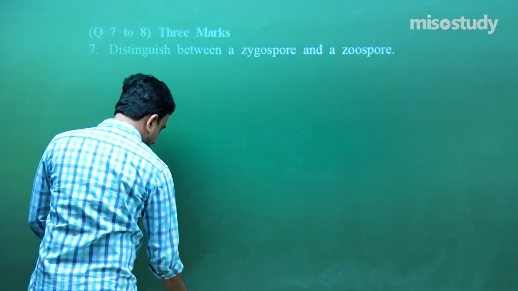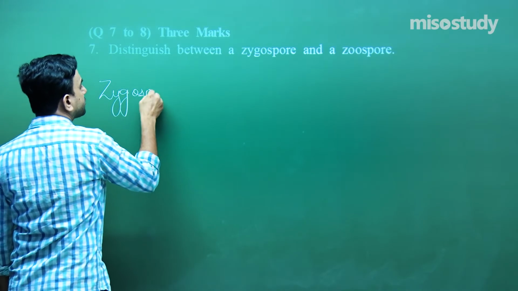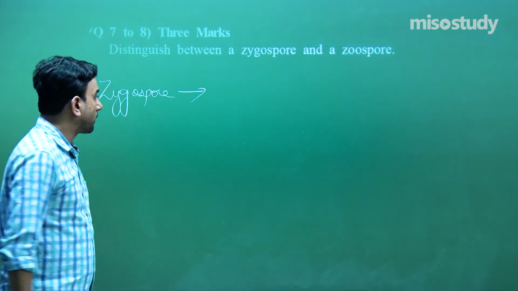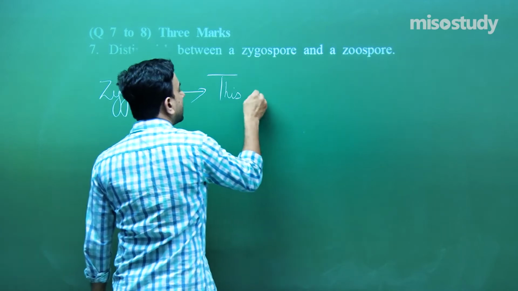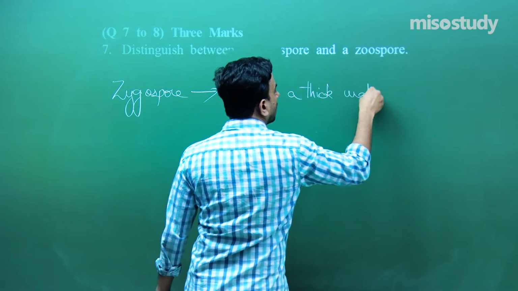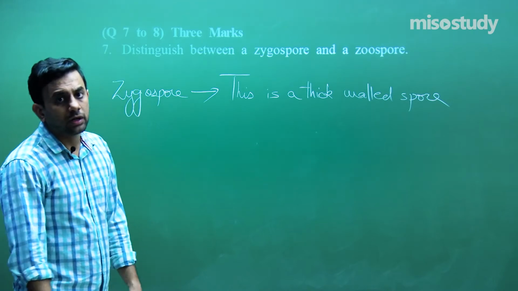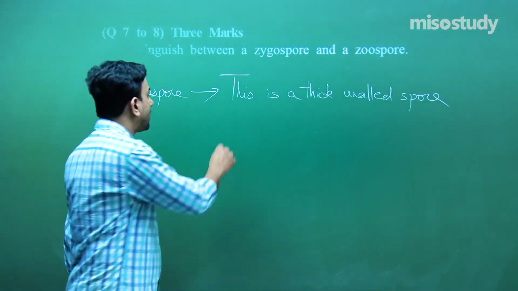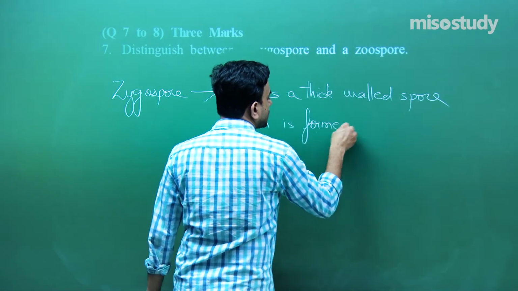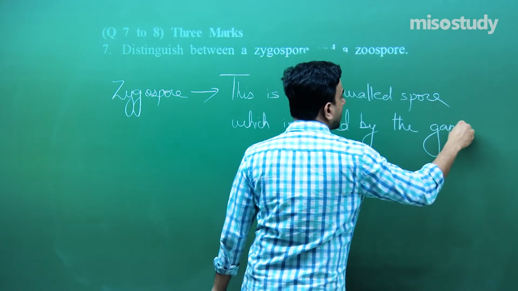Distinguish between a zygospore and a zoospore. See, the zygospore is a thick walled spore, which is formed sexually, by sexual reproduction, by the gametangia.